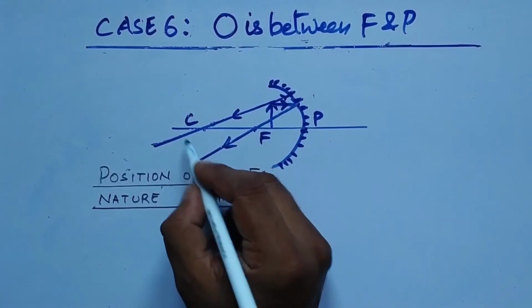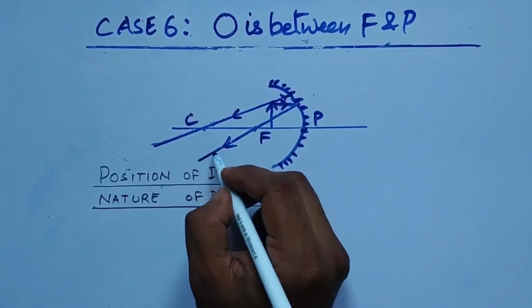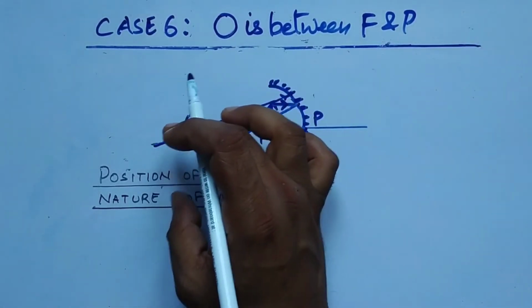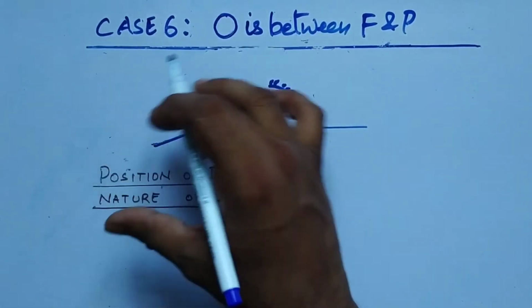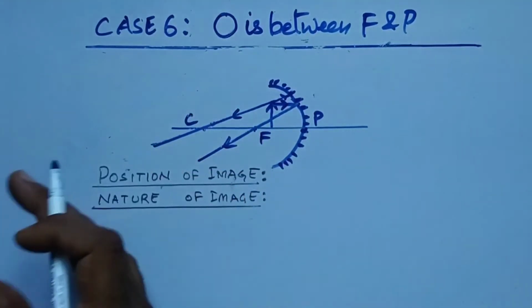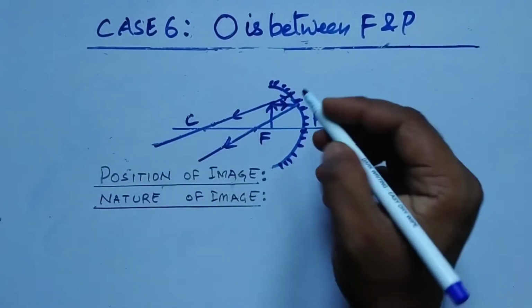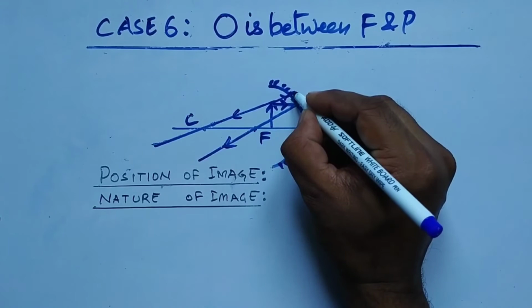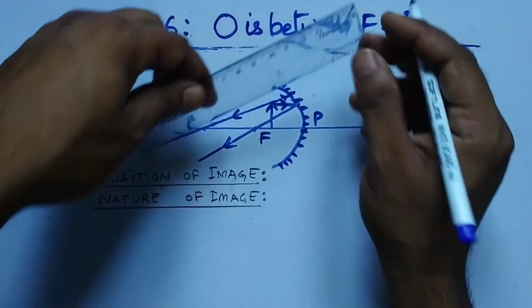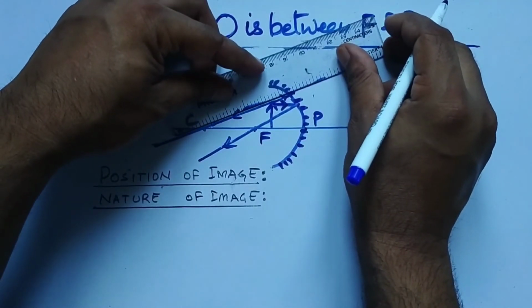Now these rays, you are seeing that they are not parallel to each other, they are diverging. And when the rays are diverging, then to an observer located here, it will appear as if these rays are coming from backward. You will retrace it in the backward direction like this.